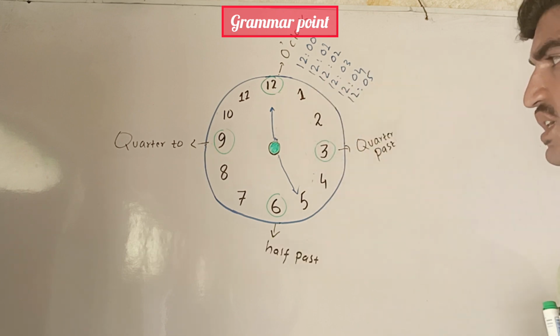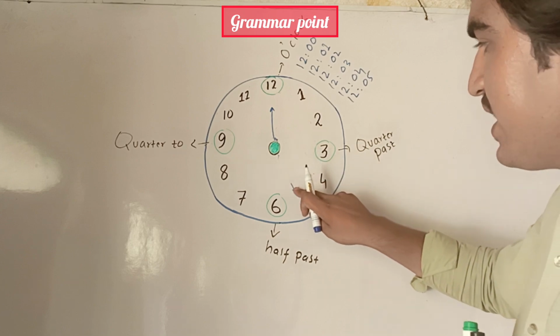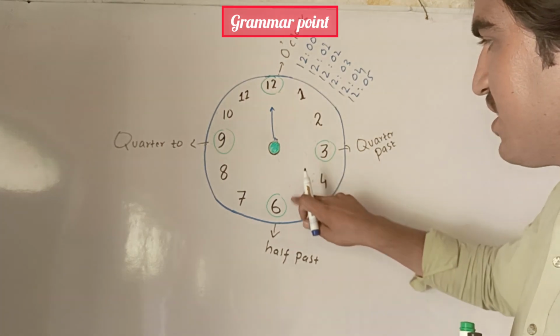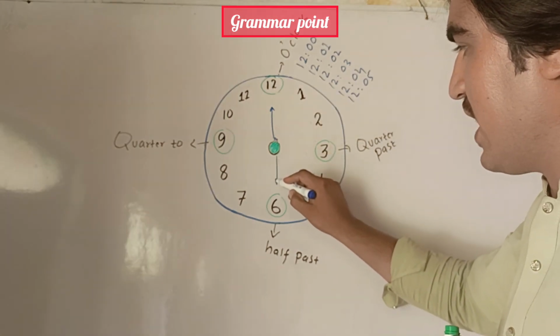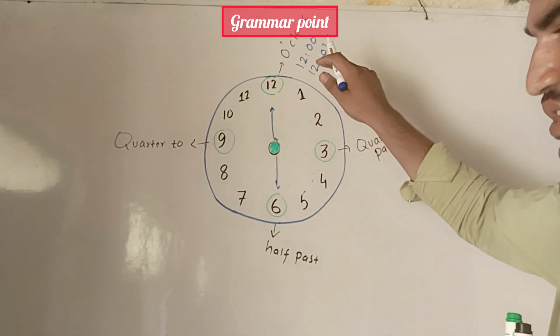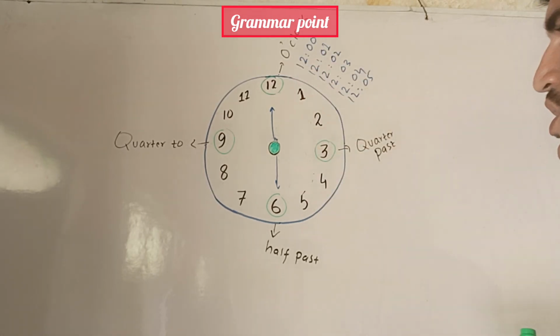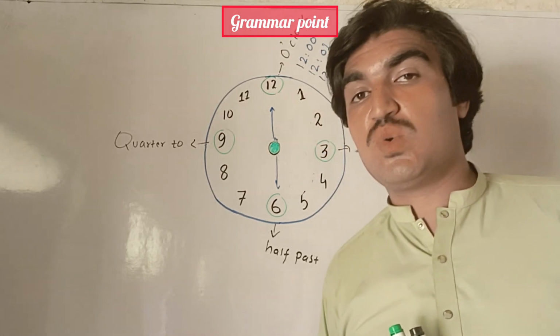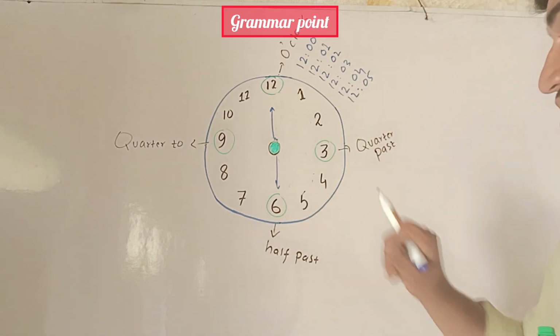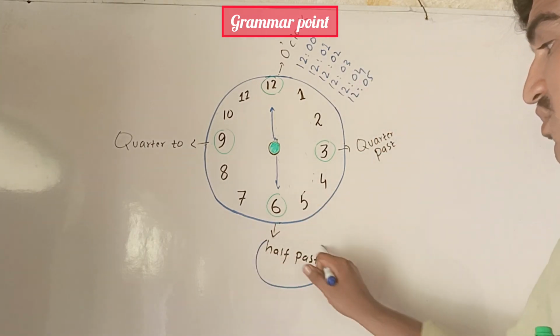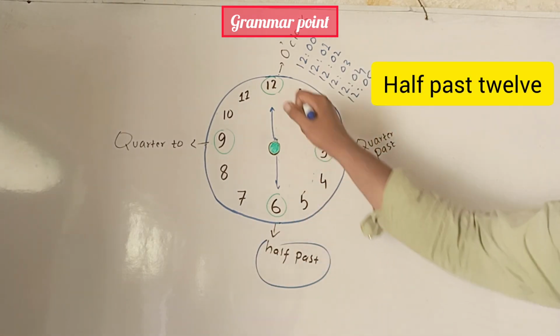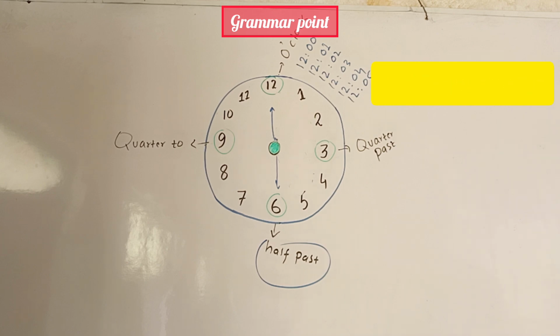Now if both needles are in opposite directions, anti-parallel, like this, one on the upper position and the second on the lower position. If the small needle is on 12 and the large needle is on 6, now this is our main point. It would be said half past 12. Half past 12, okay.